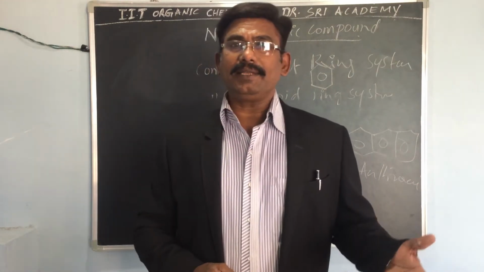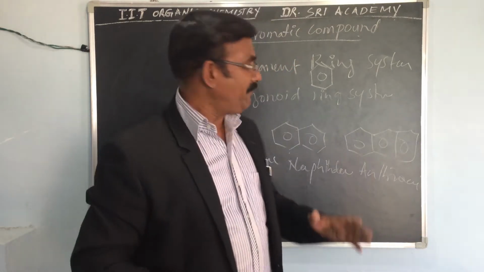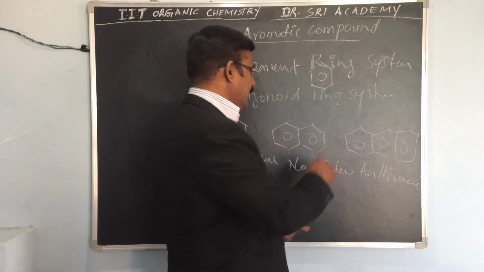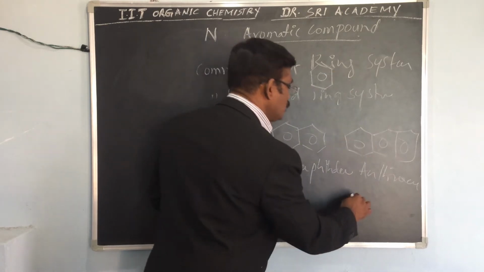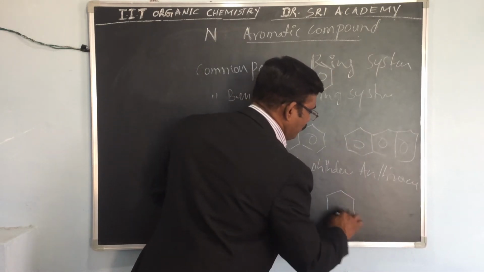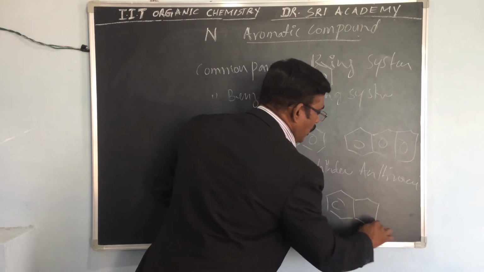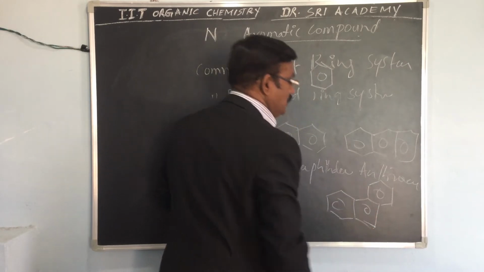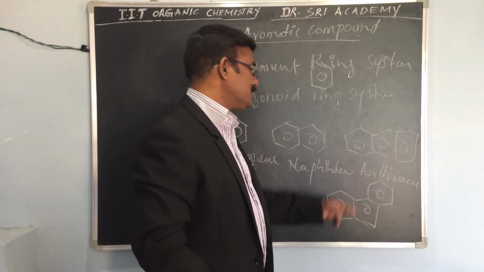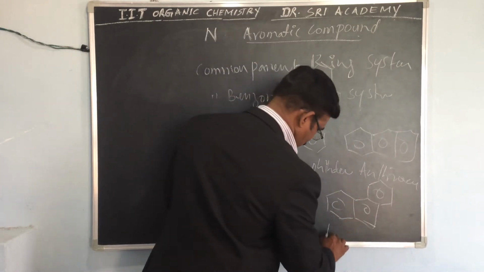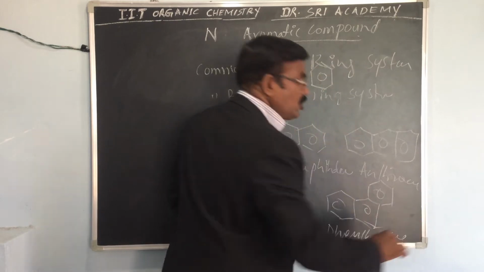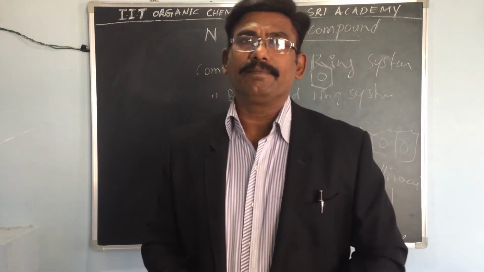If 2 rings are like this and one more ring is attached here or here, it is called phenanthrene, while the linear one is anthracene.